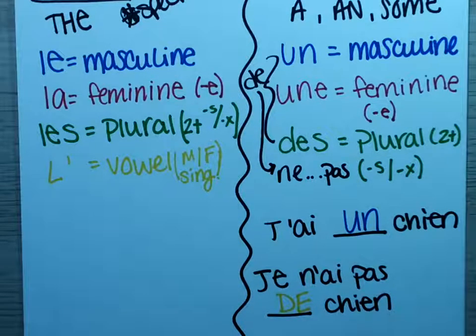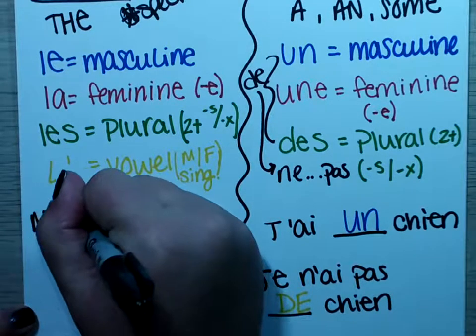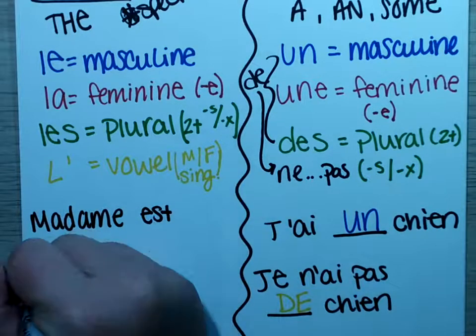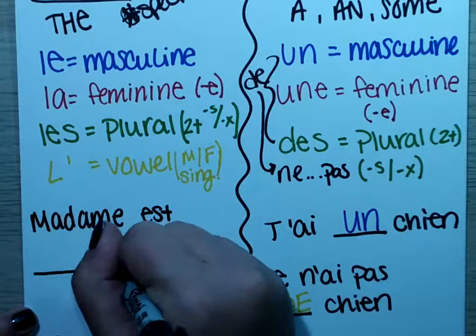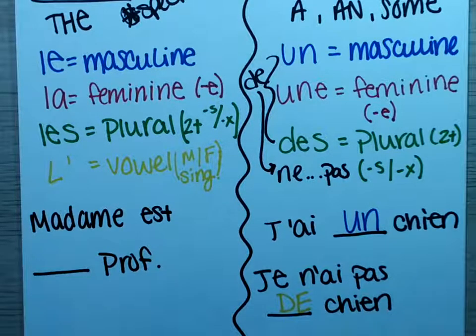Our first one that we are going to do is a sentence, and we're going to say, Madame is a, and then the teacher. So Madame is the teacher. So looking at our sentence, you're going to have to decide what article we should put there.